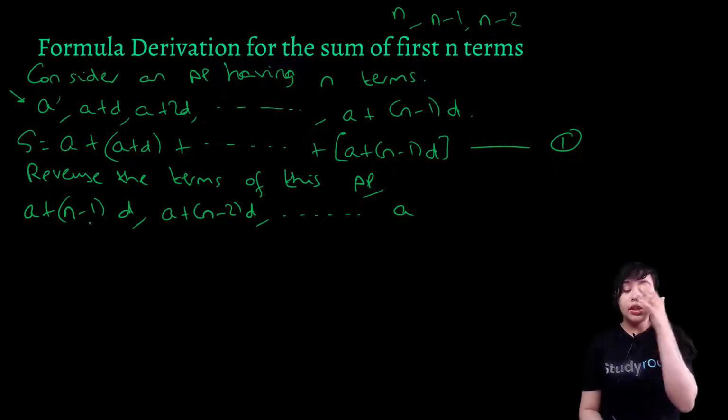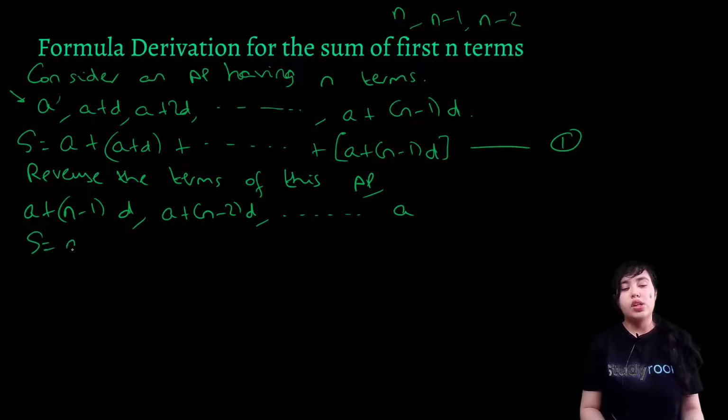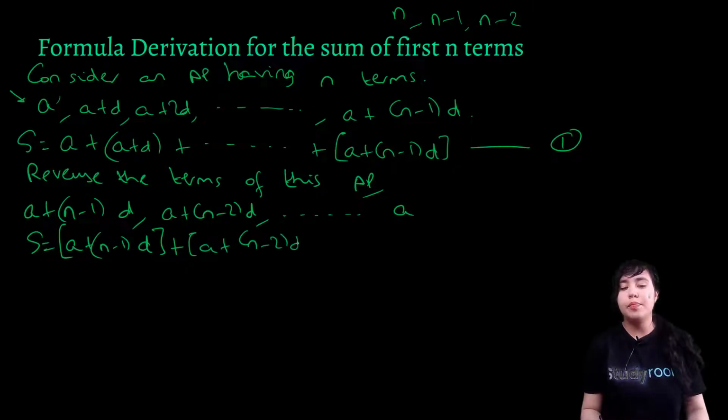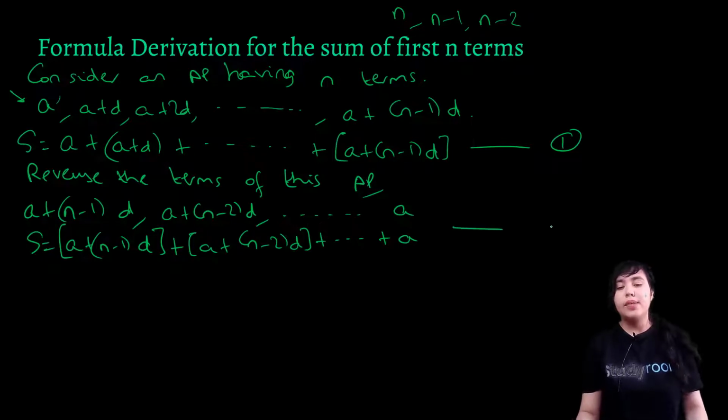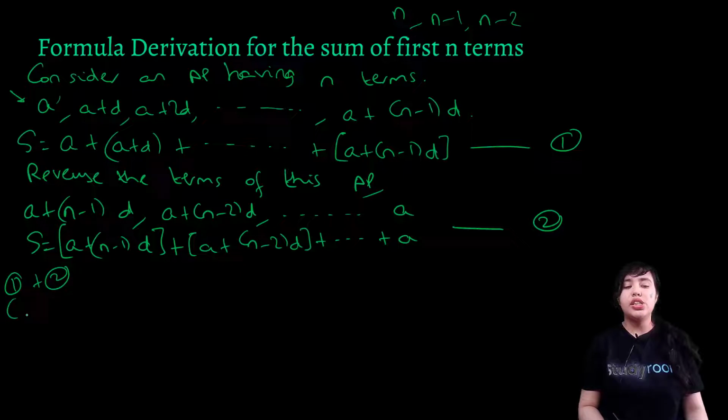Now for this, you can find the sum of terms. That will be A plus n minus 1 into D, plus A plus n minus 2 into D, and this addition goes on till A. Make this equation number 2, and now you add the two equations, but the catch is to do so term wise. What do we mean by term wise? You add the first term to the first term, the second term to the second term, and the last term to the last term.